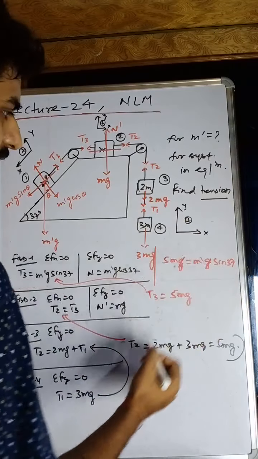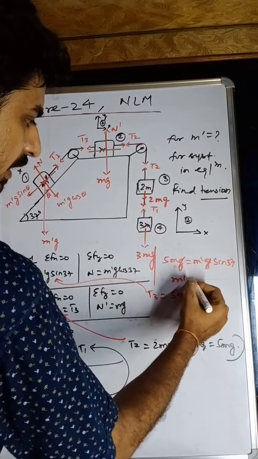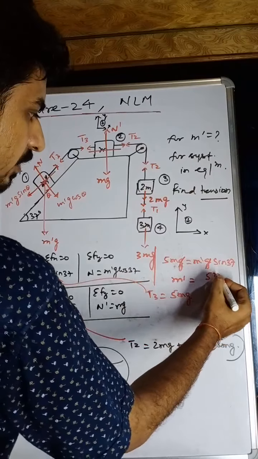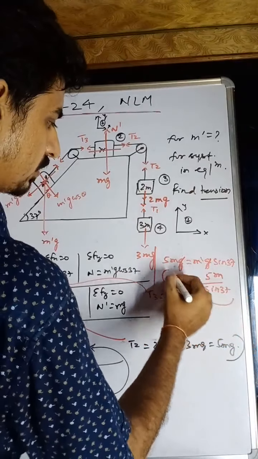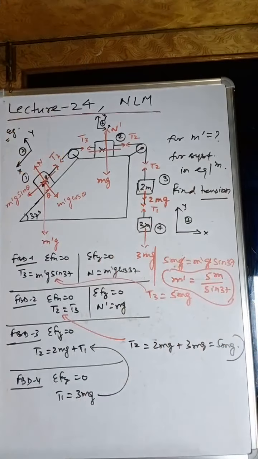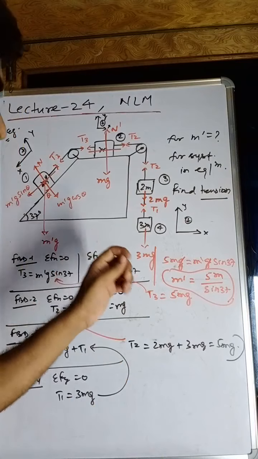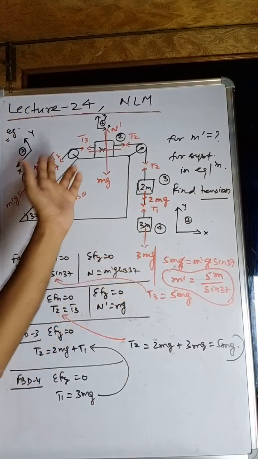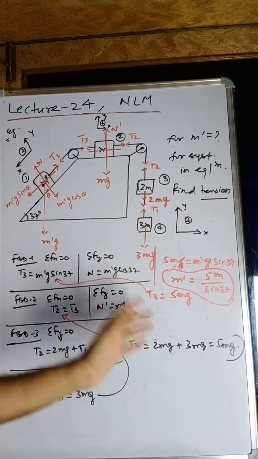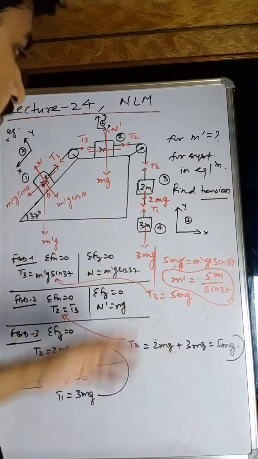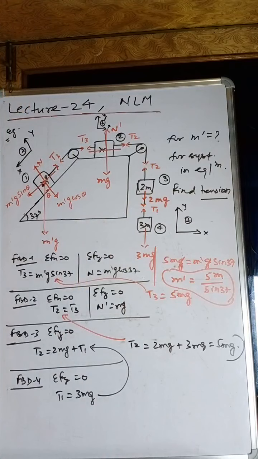So this g will be cancelled out, and m dash is 5m over sine 37. This is the answer. And it was asked to find the value of T1, T2 and T3. So from this equation you can find the value of T1, T2 and T3. Okay, my dear students, in this way you have to solve the question.